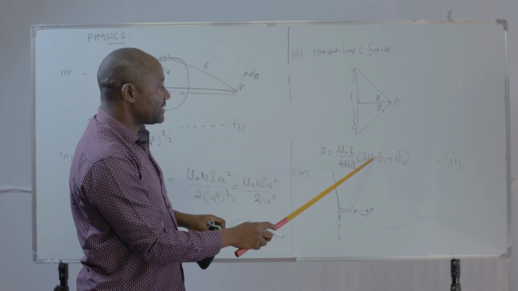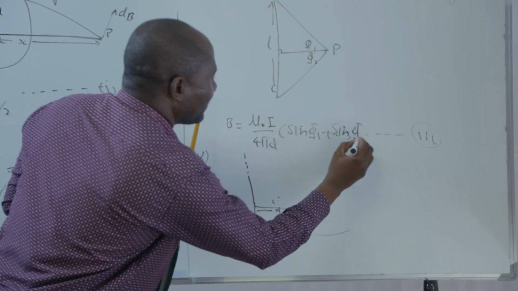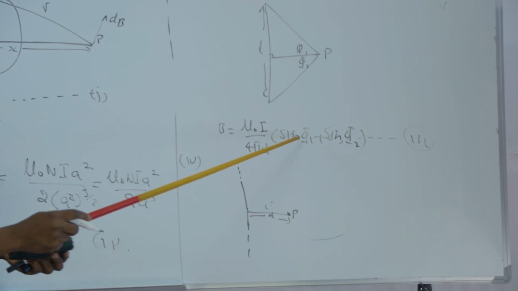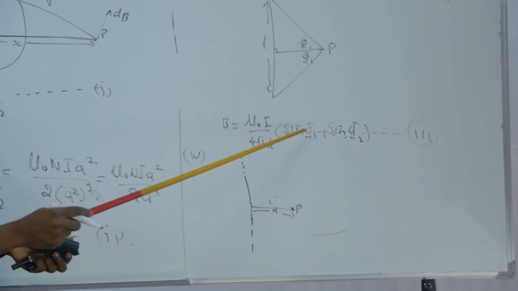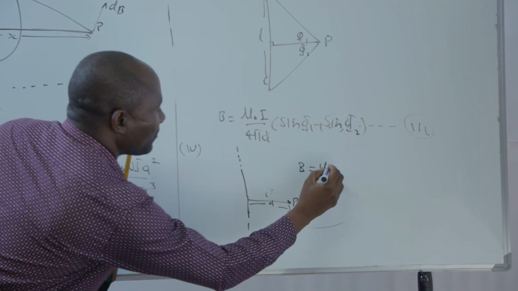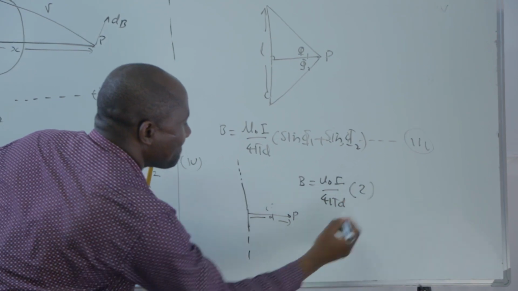So sine of 90 is 1, and sine theta 2 is also sine of 90, which is 1. So it'll be 1 plus 1, 2. So the formula changes to B equals mu I over 4 pi D times 2.